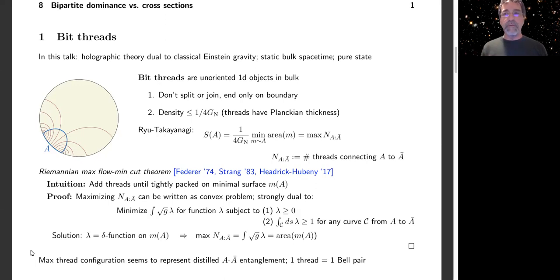I'll come back around to some of that later in the talk, but at least at a crude level, at the level of accounting, since the number of threads equals the entropy, and the entropy equals the number of Bell pairs in a distillation, it seems natural to have the idea that each thread represents one of the Bell pairs in a distillation of the entanglement between A and A bar.